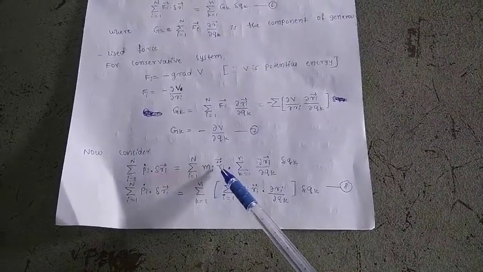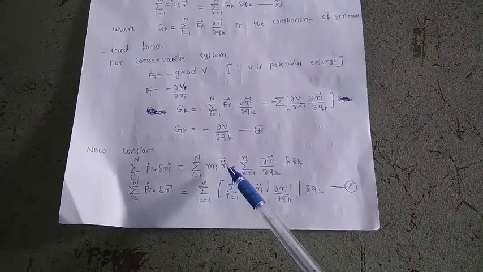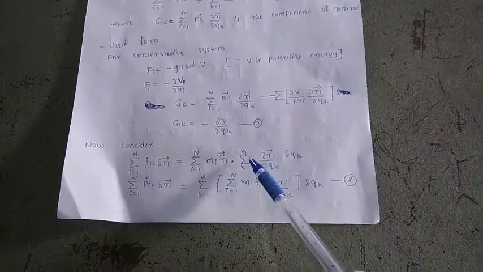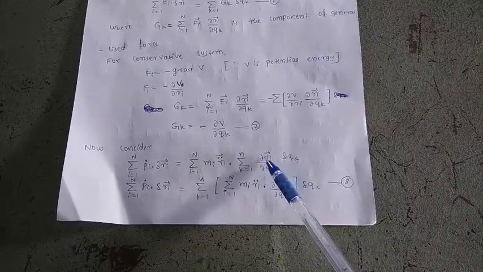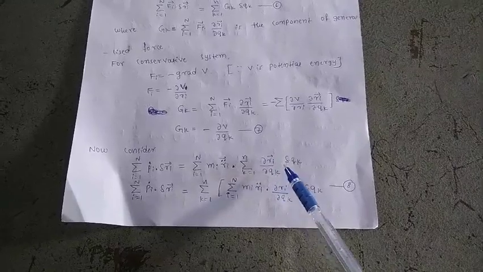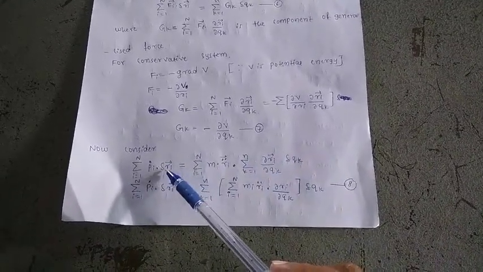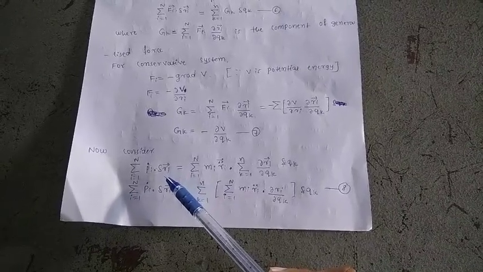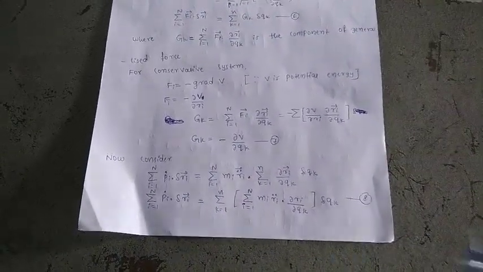It means dv/dt into summation k = 1 to n of ∂Ri/∂Qk into delta Qk. This is the virtual displacement. We know from equation number 3 that this is the virtual displacement.